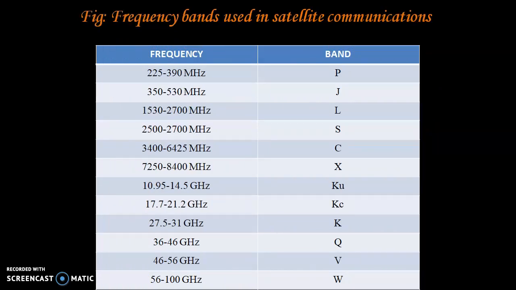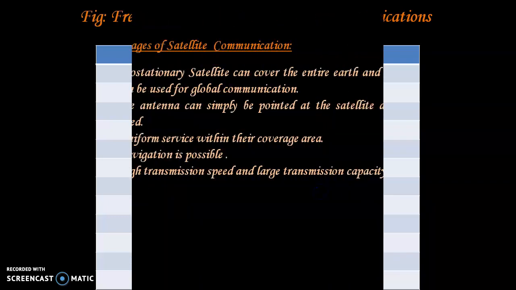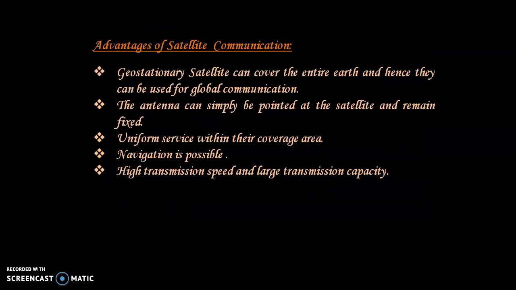For C band, the uplink frequency is 5.9 to 6.4 GHz and the downlink is 3.7 to 4.2 GHz, and for Ku band, the uplink frequency is 14 to 14.5 GHz and the downlink is 11.7 to 12.2 GHz.